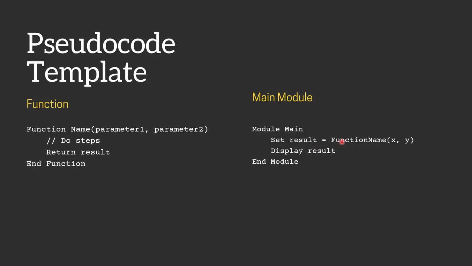In this example, we're calling the function, feeding in arguments x and y for the two parameters: x for parameter 1 and y for parameter 2. Whatever the return value of this function is, we're storing it in the results variable, and then we're doing something with it. For instance, here we're just displaying it.